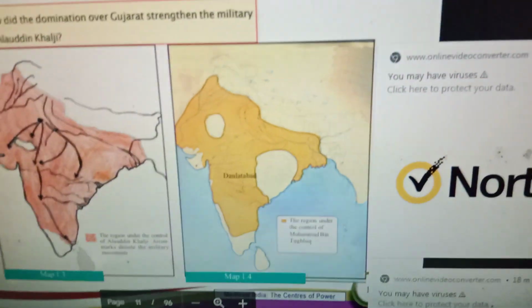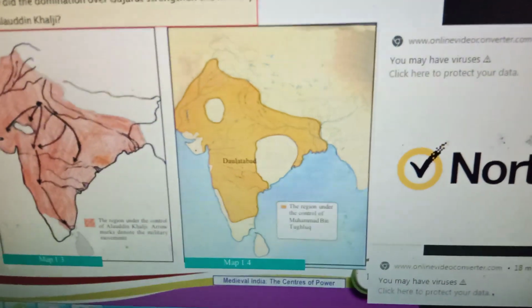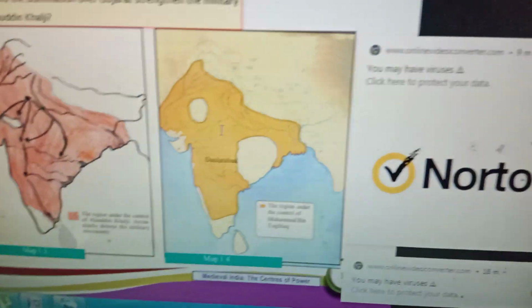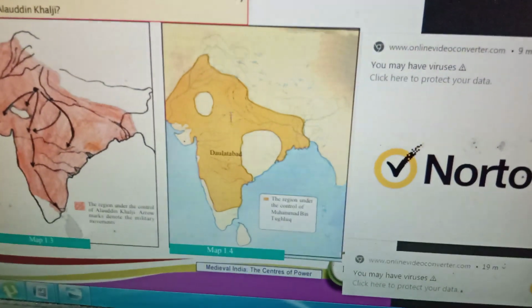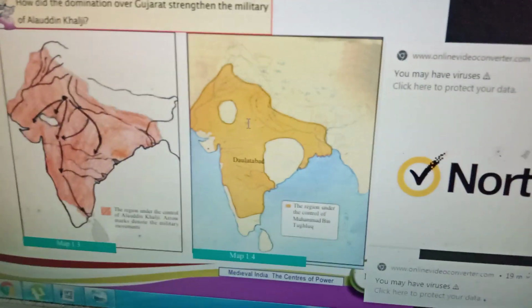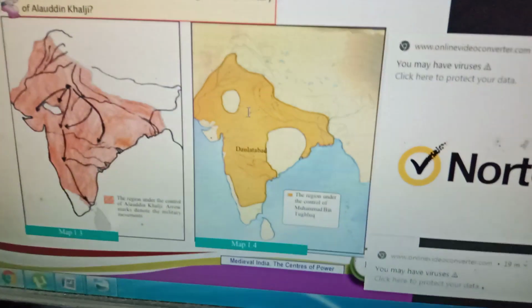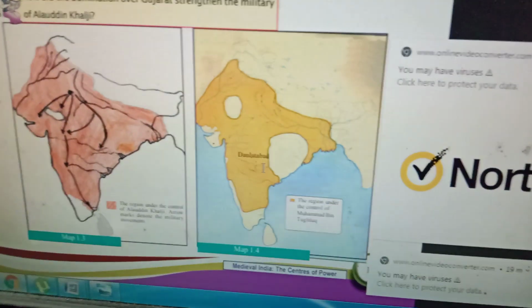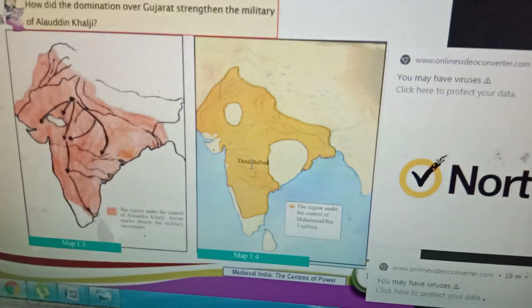Okay, this orange portion shows the areas which were under the control of Tughlaq. You can see that, like the Khilji dynasty, almost a major portion was under the control of the Tughlaq dynasty. And you can see the position of Daulatabad, almost the center.